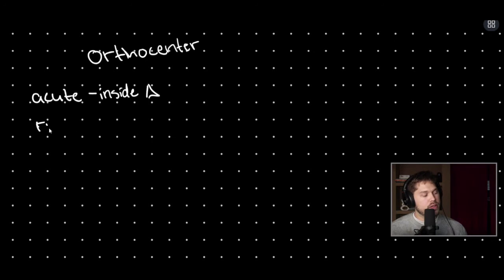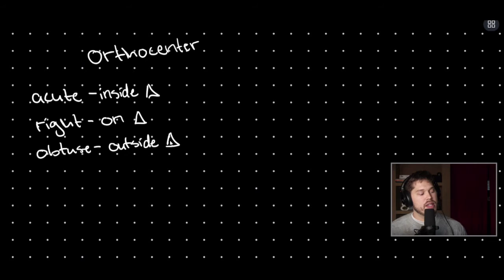However, for right triangles, it's actually going to fall on the triangle, and for obtuse triangles, it will actually fall outside the triangle. And so it may seem a little bit of a misnomer for the center of your triangle to be outside of it, but in the case of the orthocenter, it actually can be that way.